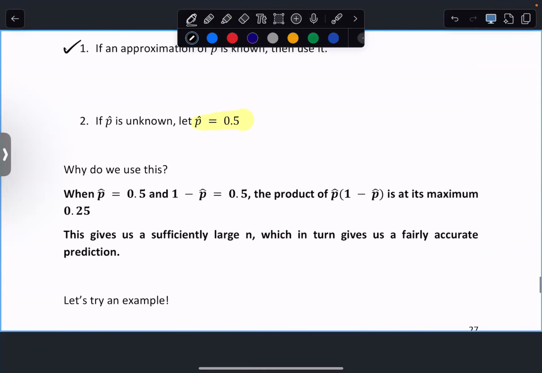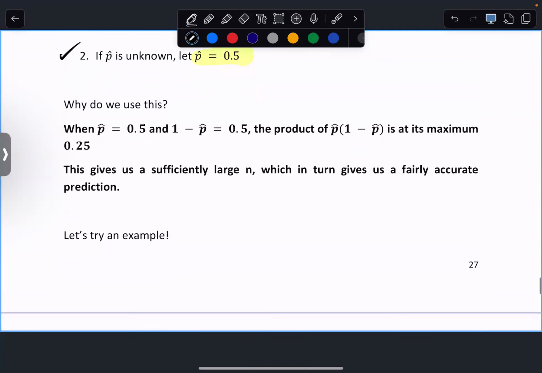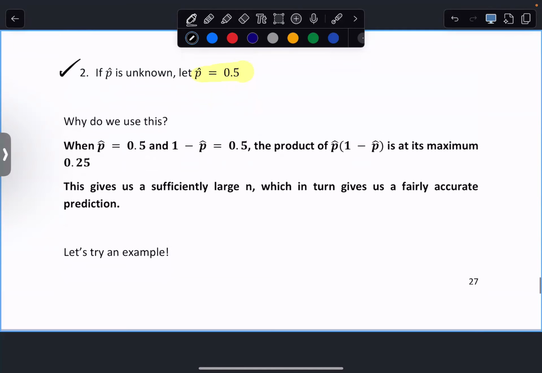If it is not given, then you should use 0.5. If it is given, use it. And the reason why we use 0.5 when the p hat is not given is because it is the one that will give us the largest sample size. And the reason is that there is no combination of p hat and 1 minus p hat that will give us any value larger than 0.25.